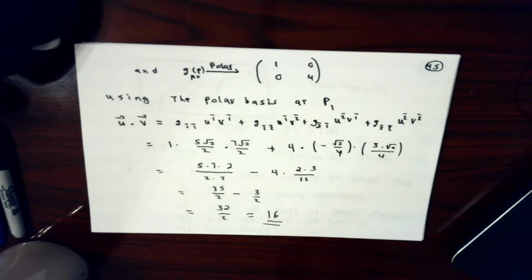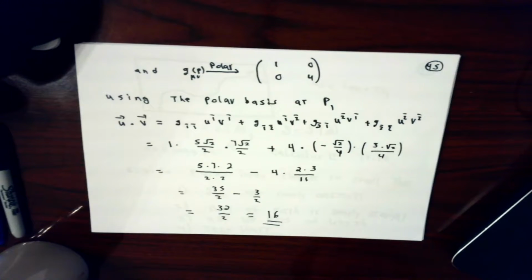I'm going to pick a point in polar coordinates that has r equal to 2 and theta equal pi over 4. If you sit down and calculate all the components involved, you can find the components of u and v in polar using the preceding formulas. I'll let the interested reader or viewer look at that.